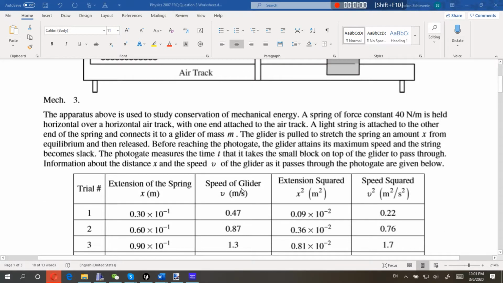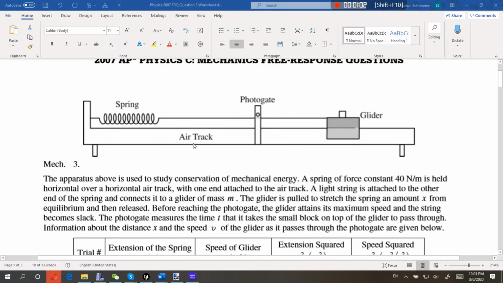Okay, so we've got this setup we're using to study the conservation of energy. We've got a spring constant of 40 newtons per meter, held horizontal over this air track with one end attached to the air track. A light string is attached to the other end of the spring and connects it to the glider. The glider is pulled to stretch the spring, so we're going to pull the glider back and then release it.